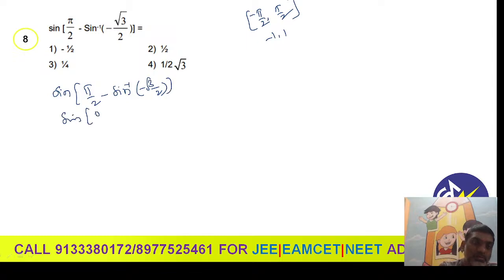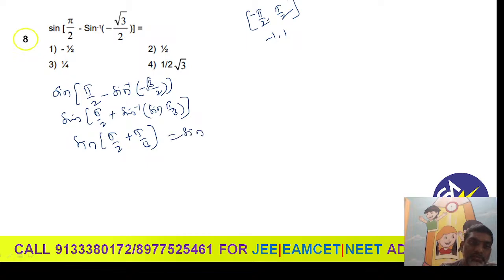sine of pi by 2 minus, it will become plus, sine inverse of sine of 60, that is pi by 3. So this will be equal to sine of pi by 2 plus pi by 3. So pi by 2 is 90, 90 plus 60 is 150.